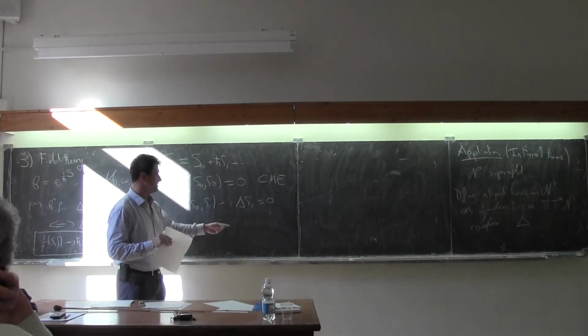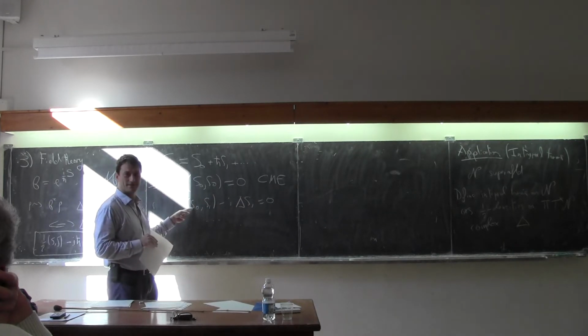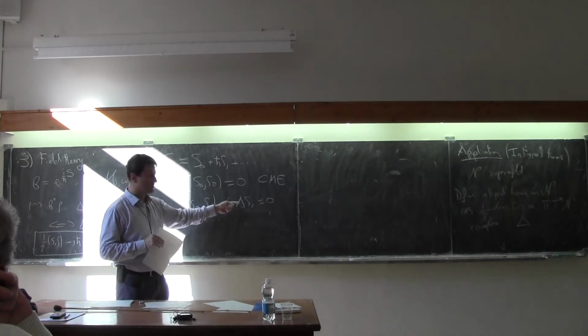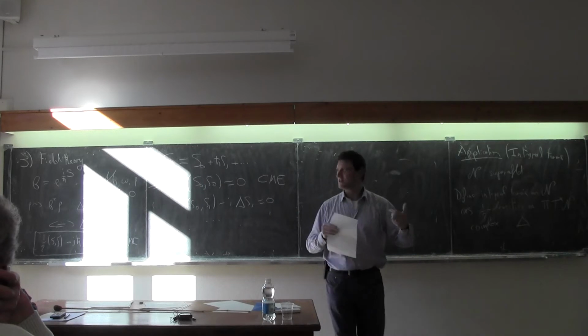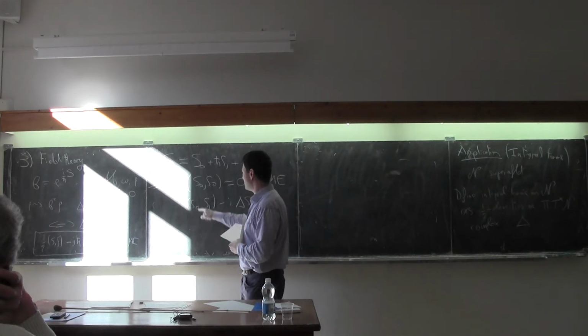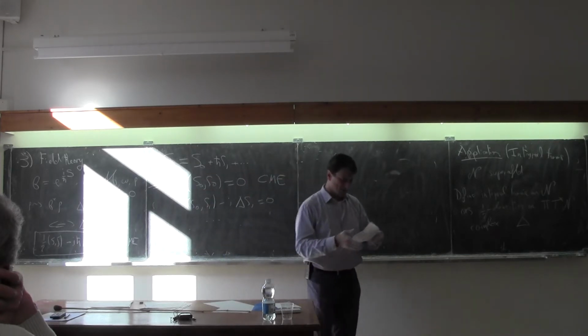This equation tells you that you want delta S0 to be a coboundary. Right? And this is not guaranteed. You can see that this is a cocycle, but it's not guaranteed that it is a coboundary. So there are, in principle, obstructions in the first cohomology group of bracket with S0.